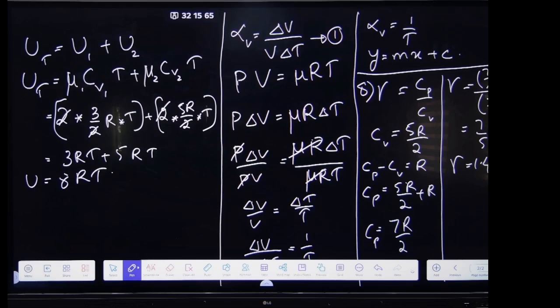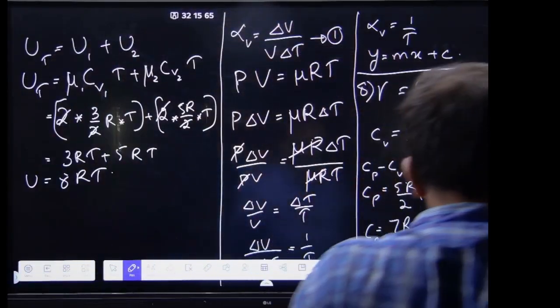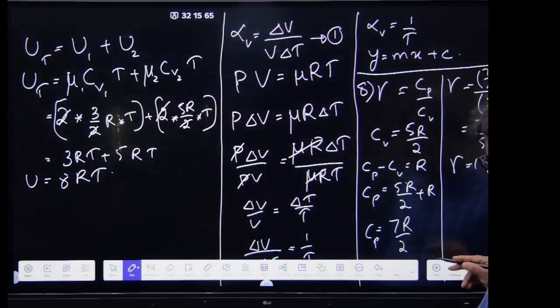Options: 1) 1:1, 2) 2:1, 3) 3:1, 4) √3:1. Now remember here, amplitude is the maximum displacement occurring in the particle while executing oscillation.